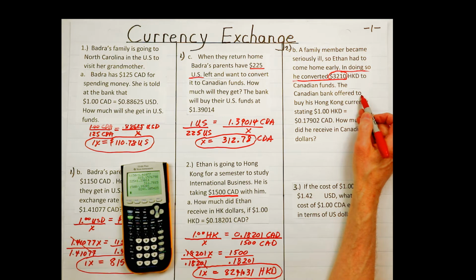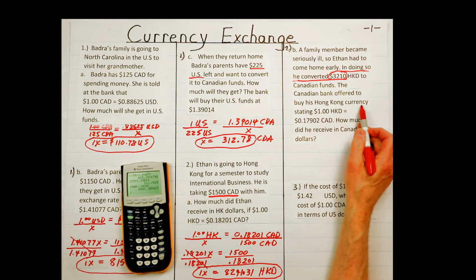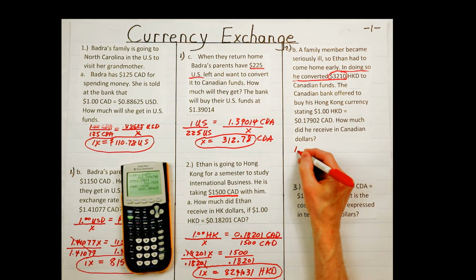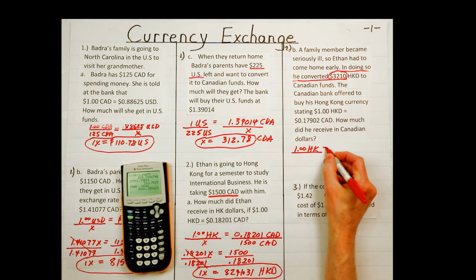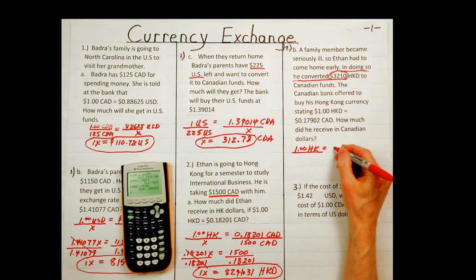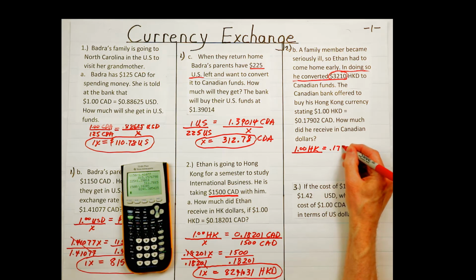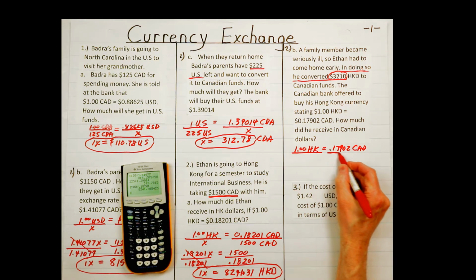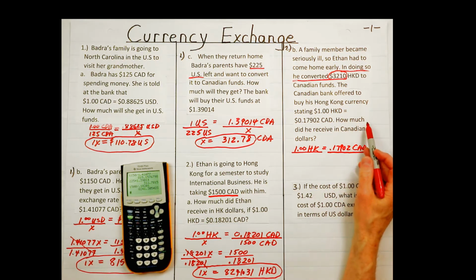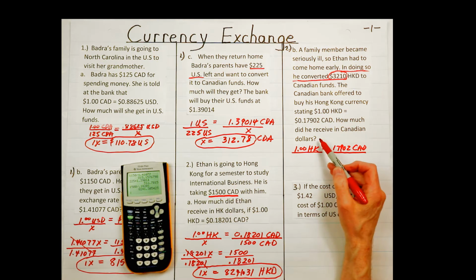The Canadian bank offered to buy his Hong Kong currency, stating $1 Hong Kong is equal to .17902 Canadian. How much did he receive in Canadian dollars?